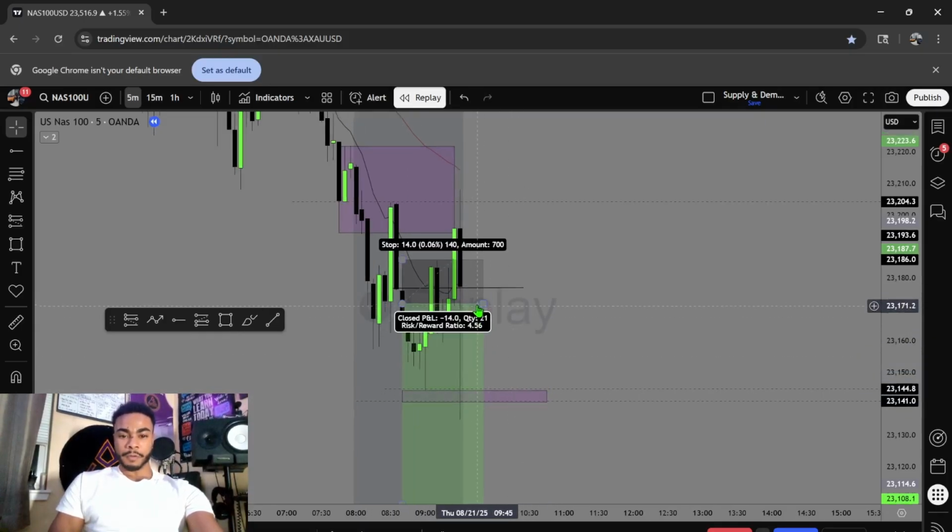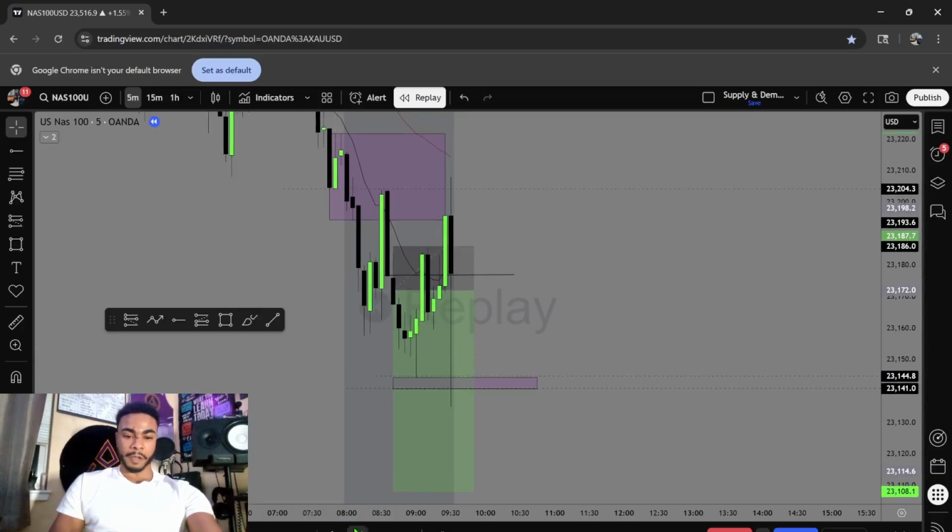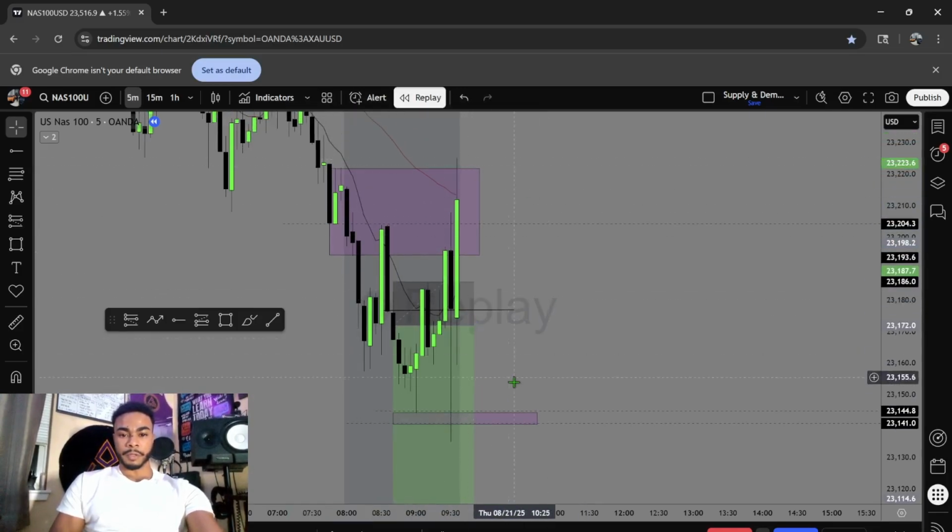But even if I would have held, my stop loss would have got hit first, so I would have been out of the trade before price even dropped down and hit my 1-to-1 take profit. Then after that, the next candle opened, boom, price broke the zone, now indicating okay, it's invalid.